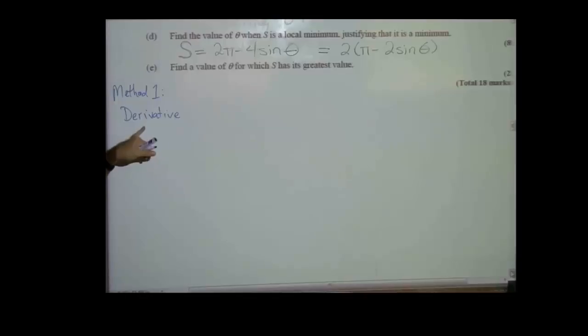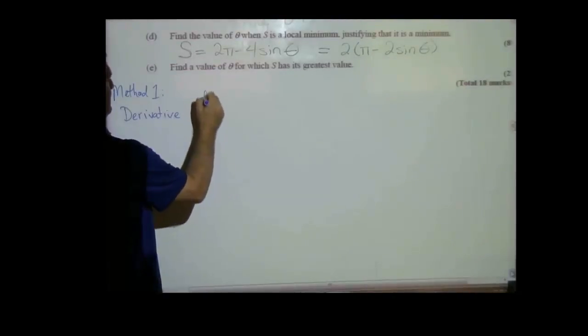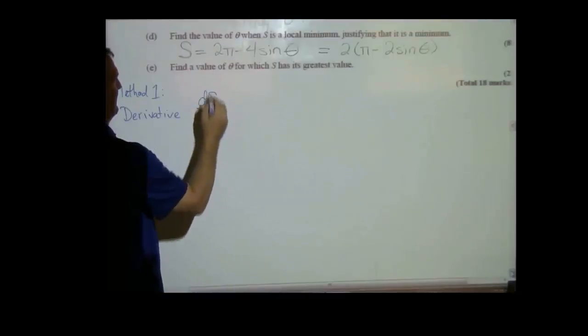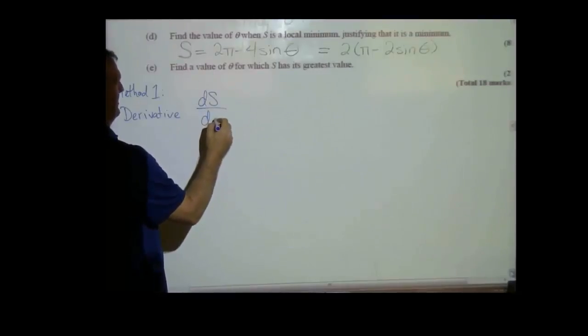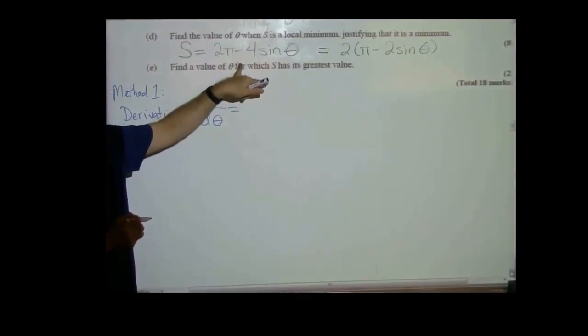So, finding local maximums and minimums, we take the function, we find the derivative. So right now, the derivative of this function as theta changes. What's the derivative of this?